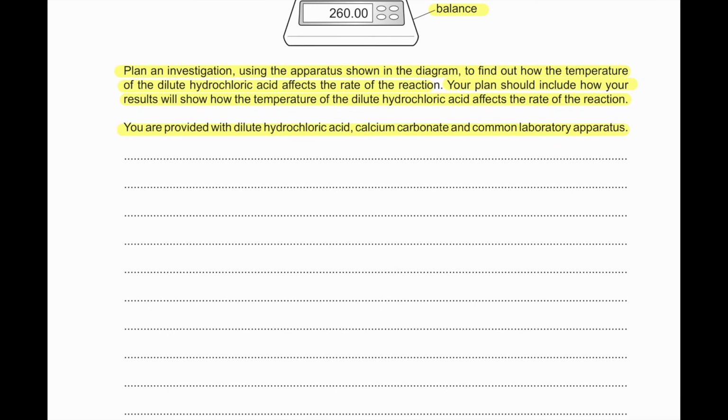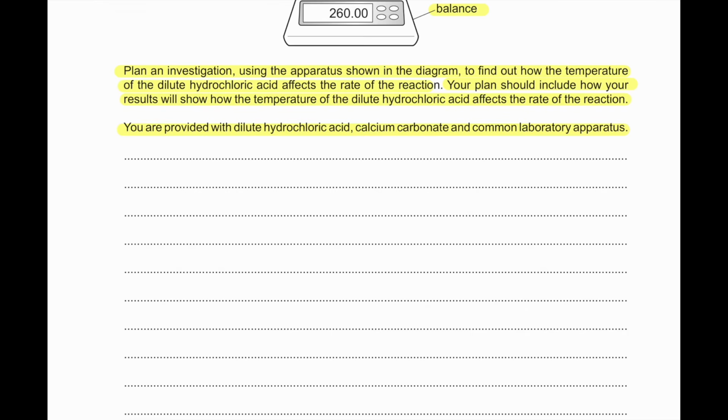We're going to repeat the same experiment at a higher or lower temperature than the initial experiment. So let's say if the first experiment is done at 30 degrees Celsius, then the next experiment can be done at 20 degrees Celsius, and then the next at 40 degrees Celsius or 50 degrees Celsius, in that way.